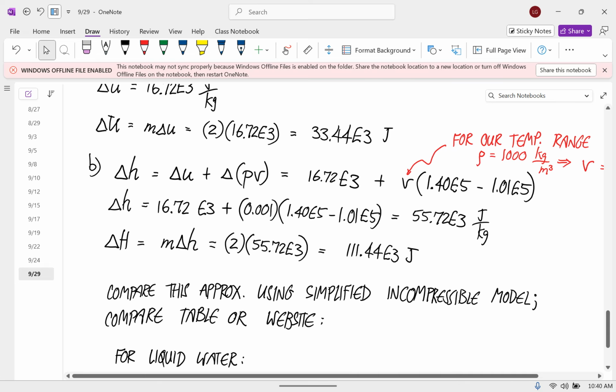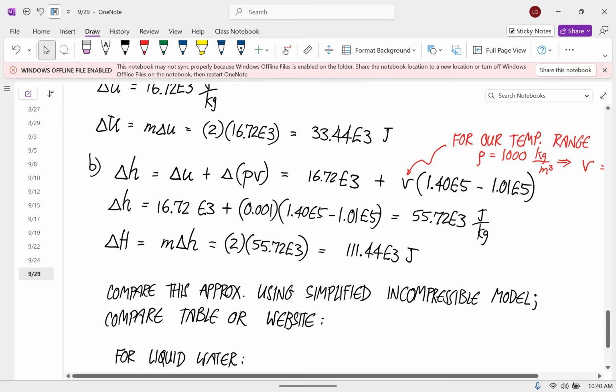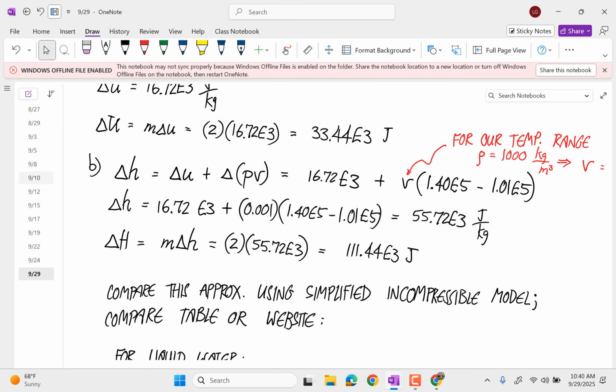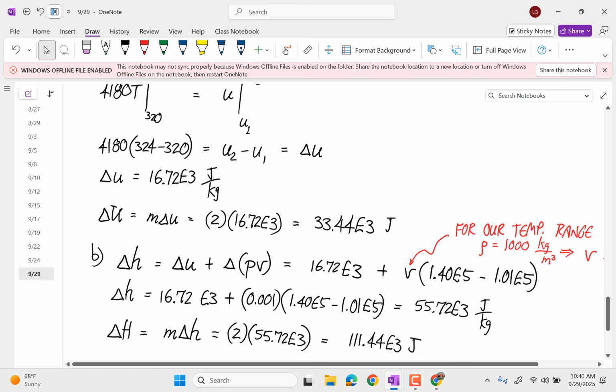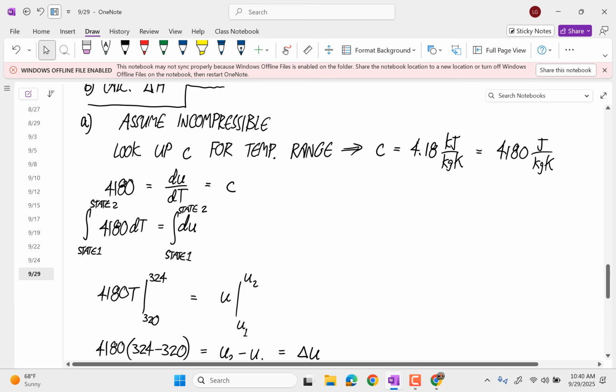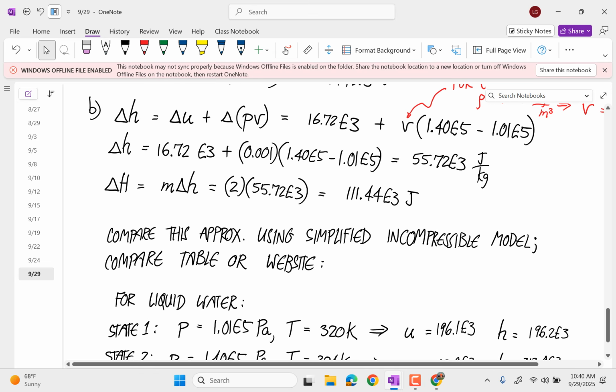They use the, not the specific range of energy, internal energy. Oh, okay. Yeah, okay. Thank you. Okay, good. So I should have put in 55.72.